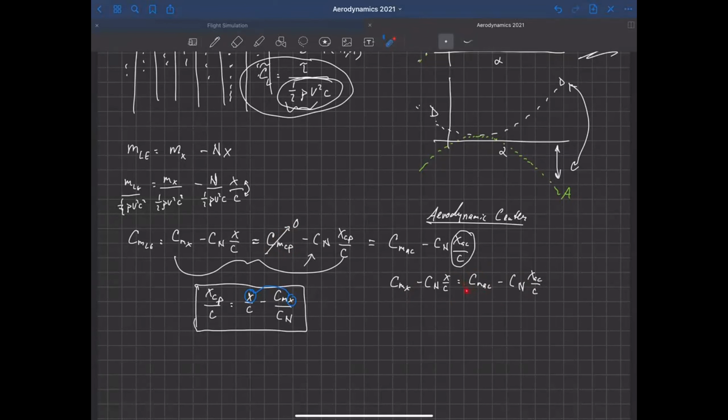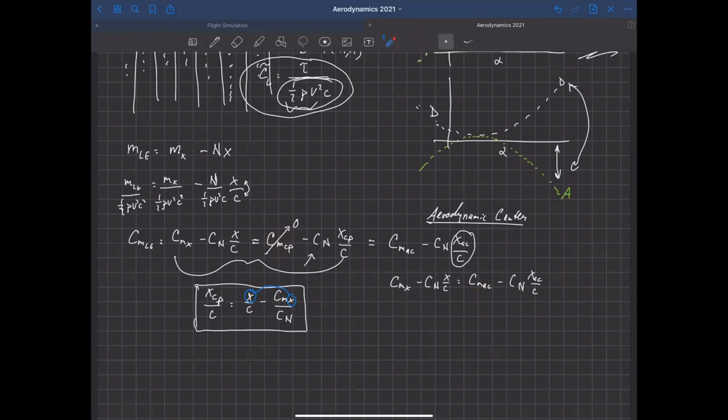Is the pitching moment at the aerodynamic center equal to 0? That's actually the same constraint that we would have put on center pressure, so that would make those two the same.